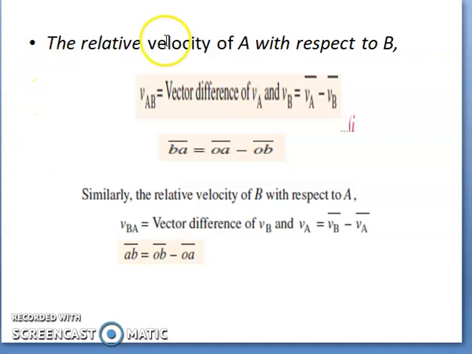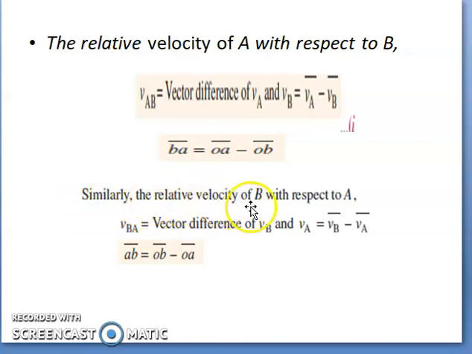So the relative velocity of A with respect to B is nothing but the vector difference between the two vectors, VA minus VB. That is the AB vector, which is equal to OA minus OB.